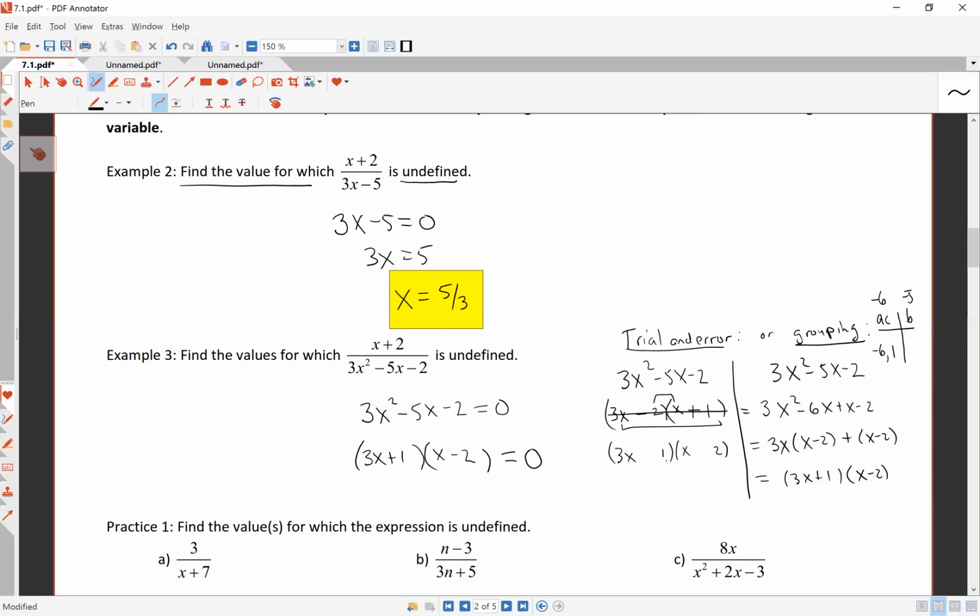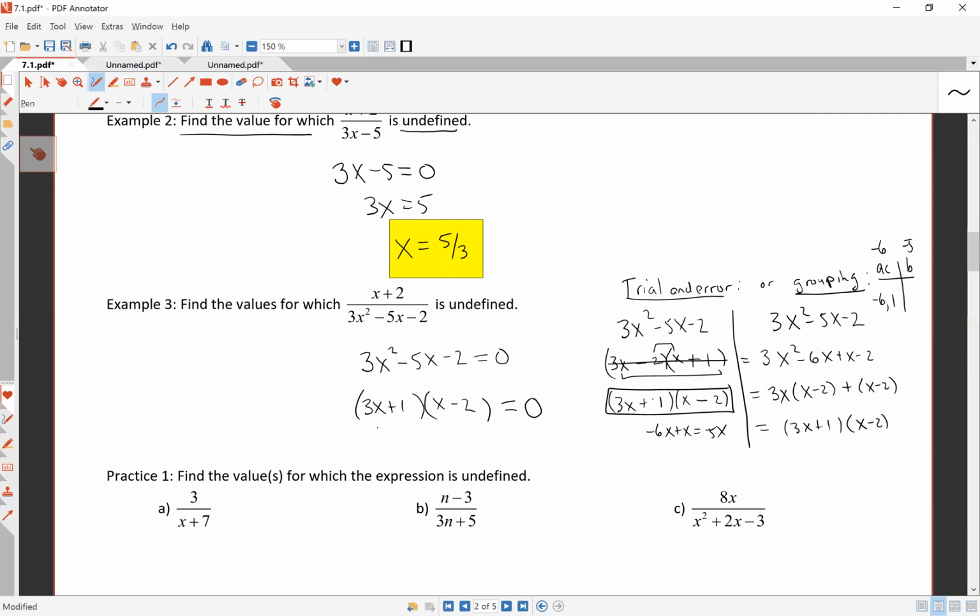But if I use a 3x and 1 and an x and a 2, and I put the negative on the 2 and the positive on the 1, then that's -6x plus x, which is -5x, and so that would be the correct factorization. This technique works well on this problem just because the 3 and the 2 are both prime.